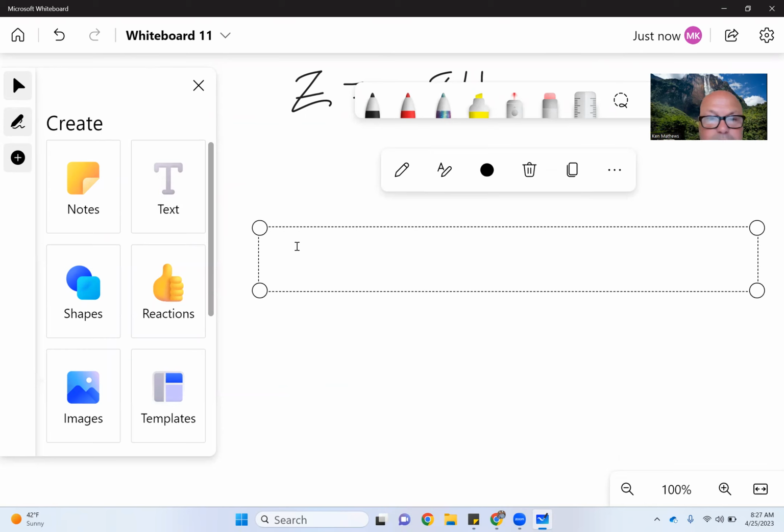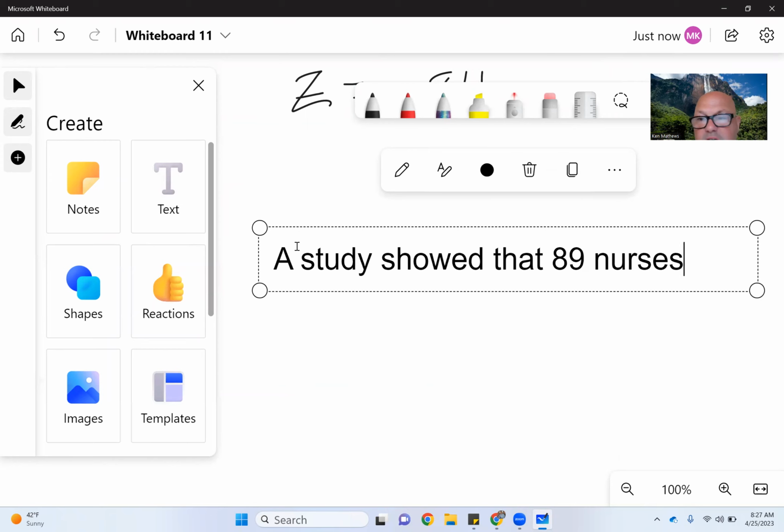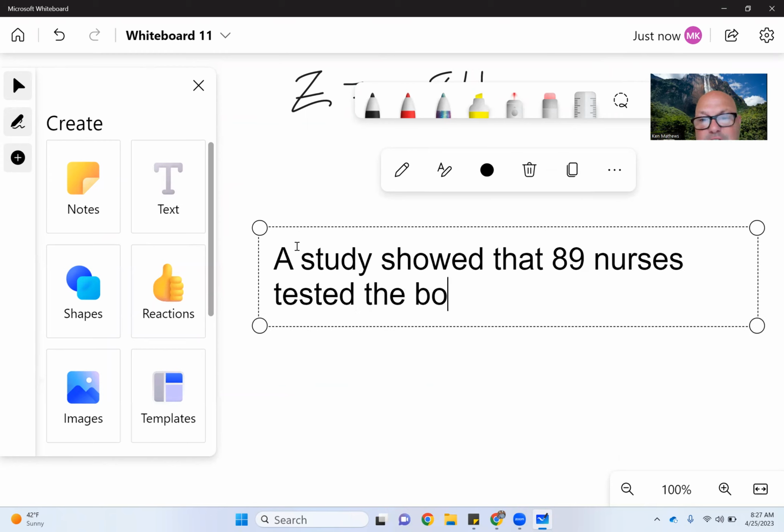So a study showed that 89 nurses tested the blood pressure of the same patient.